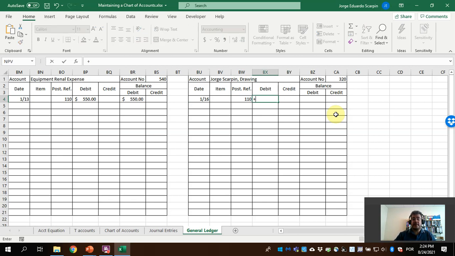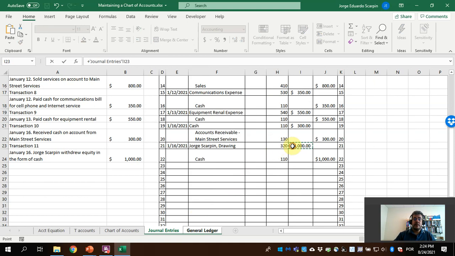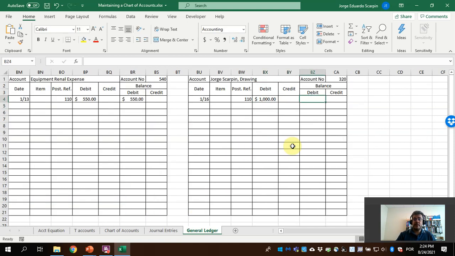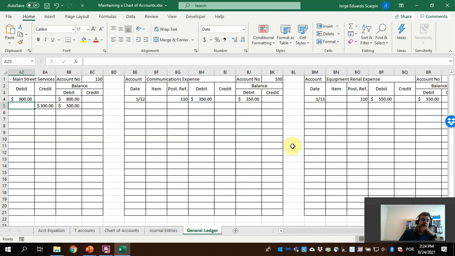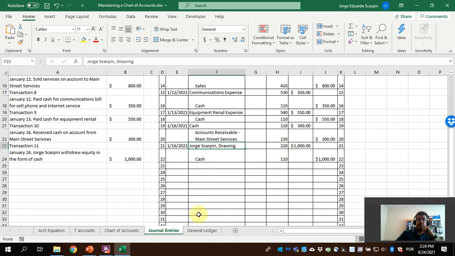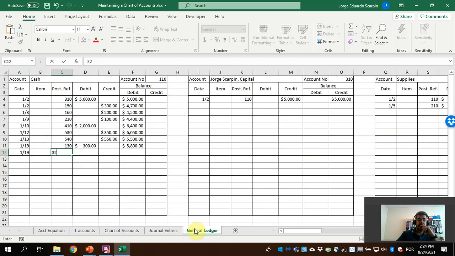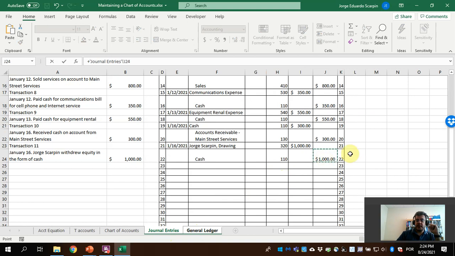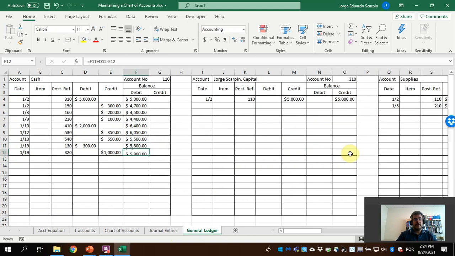It is debit. 1,000. Formula 1,000. And cash 119. The other account is 320. A credit $1,000. And here we go, 4,800.